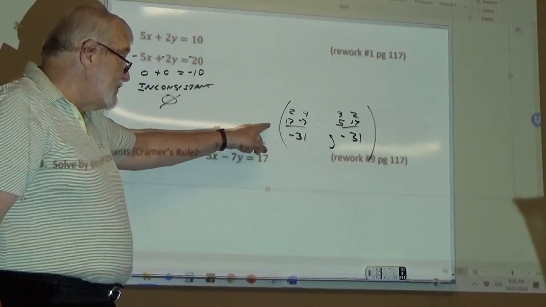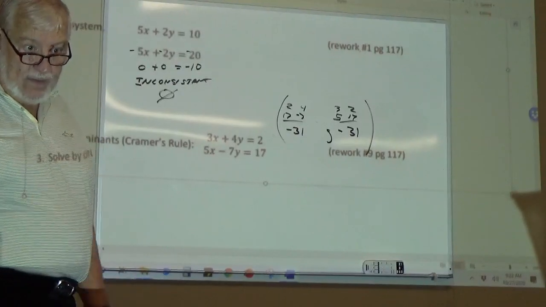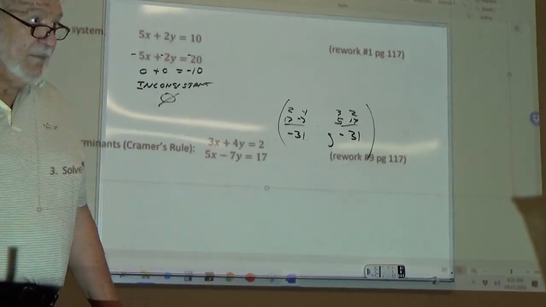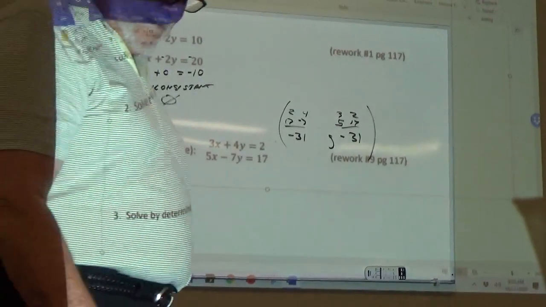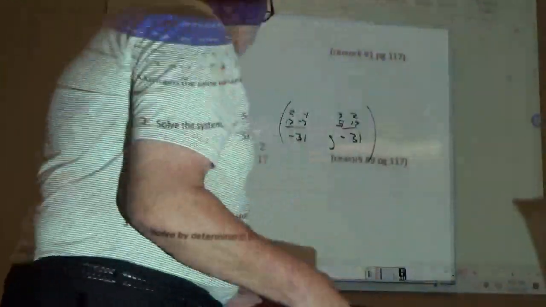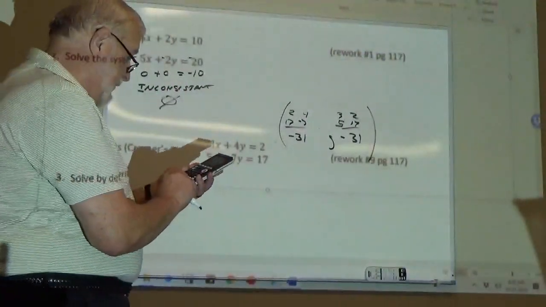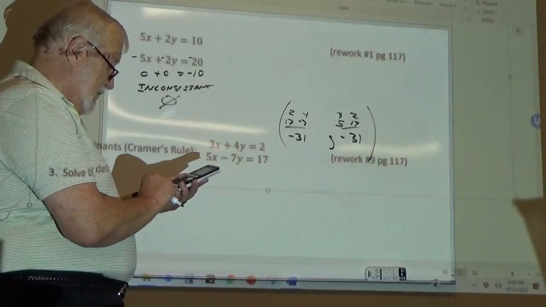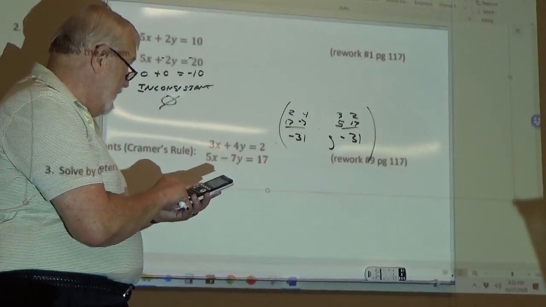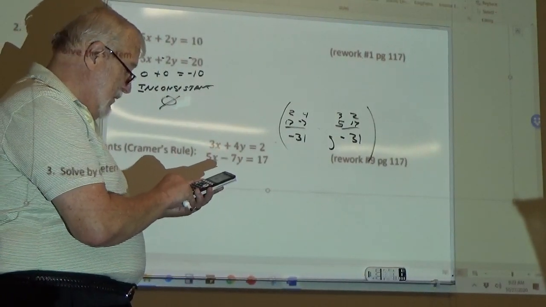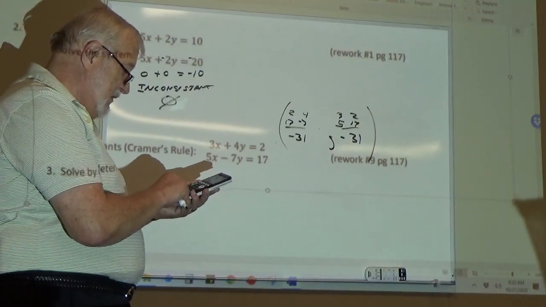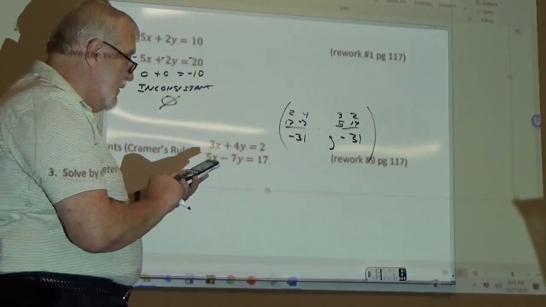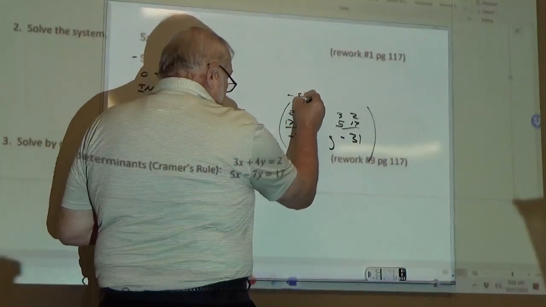Now the determinant for this is -14 minus 17 times 4. And I don't have my calculator with me, so how much is that? -14 minus 17 times 4 is -82.